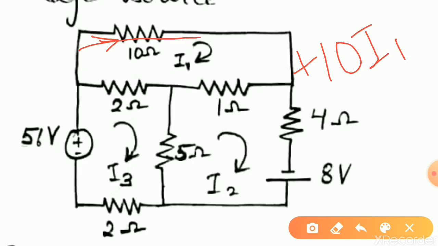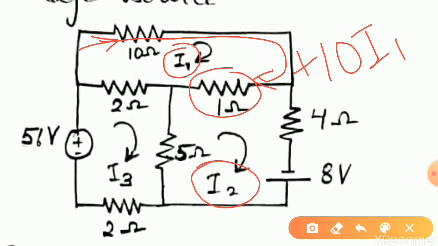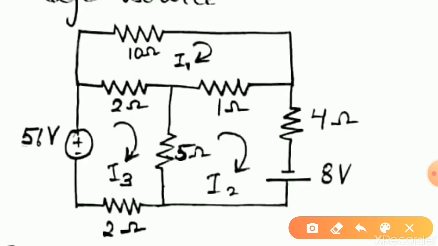When this current continues flowing in the loop and comes to the 1 ohm resistor, it encounters two currents flowing through it, that is I1 and I2. So before writing KVL, we need to determine the directions of the currents flowing through the resistor. I1 comes at this point of the resistor and I2 flows at this point of the resistor.